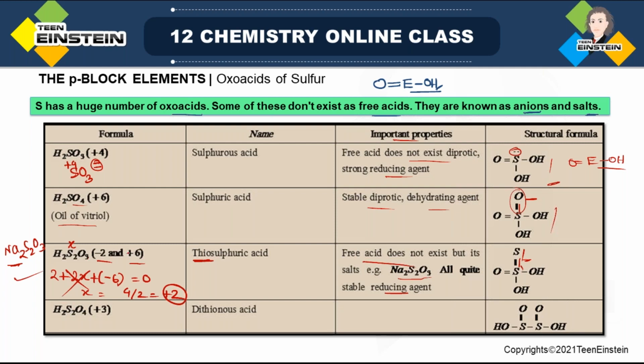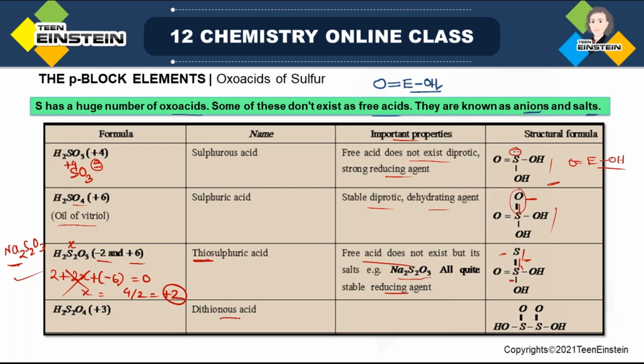But we cannot apply it here. Two types of sulfur are present. The central sulfur will have the +6 state, and for this one it is -2. So two types of oxidation state: one is -2, another one is +6.